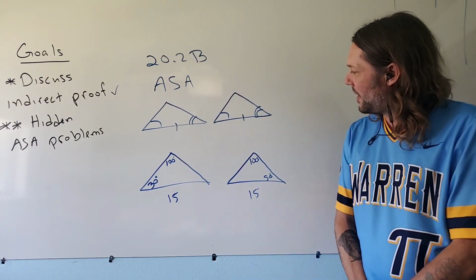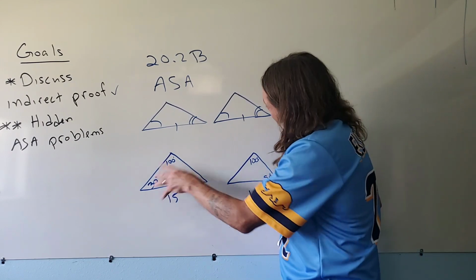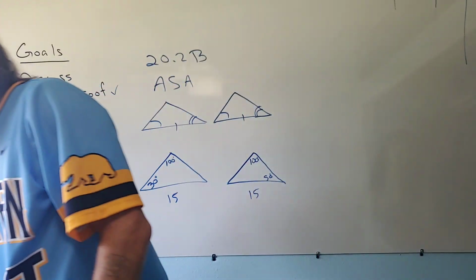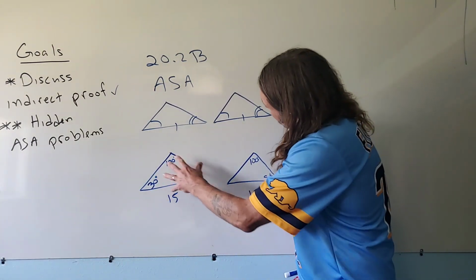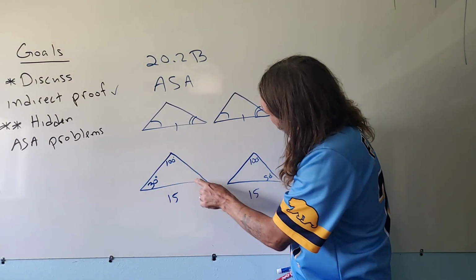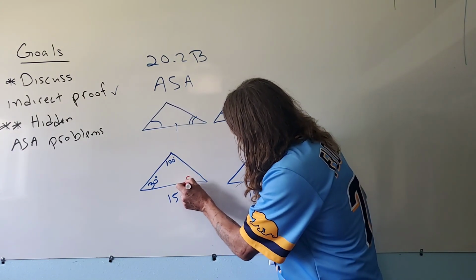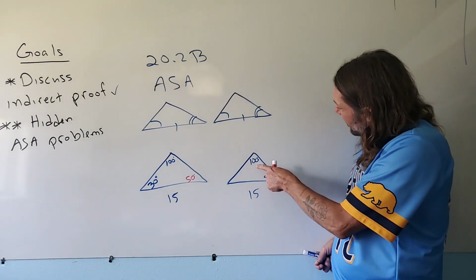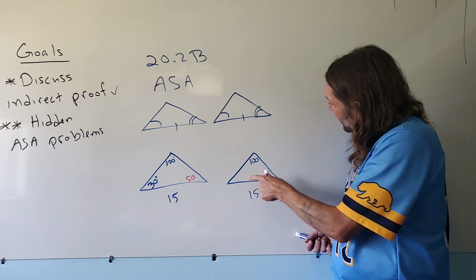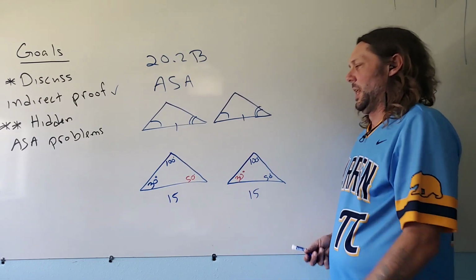Now, what I want to point out or remind you guys is that I know the three angles of any triangle add up to 180 degrees. And so in this triangle, I have 130 of that 180, which forces this angle here to be 50 degrees. And in this triangle, I have two angles that add up to 150. I need 30 more to get up to my 180 degrees.